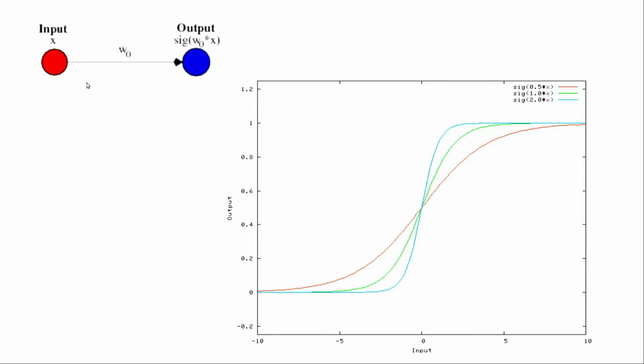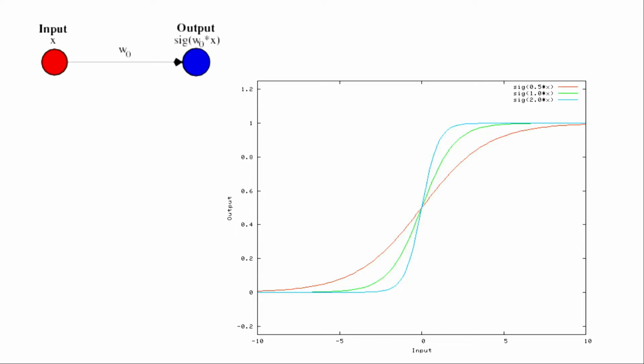Consider this one-input, one-output network that has no bias. In this case, the output of the network is computed by multiplying the input x by the weight w0 and passing the result through some kind of activation function, for example, a sigmoid function.